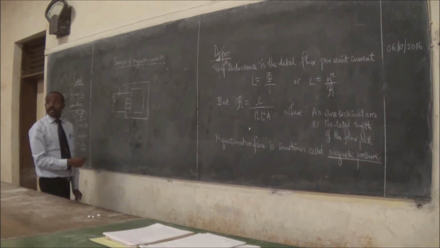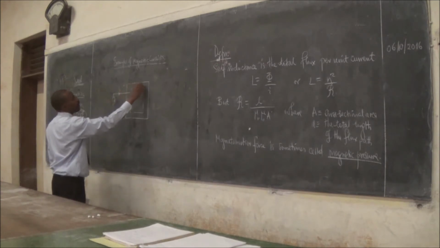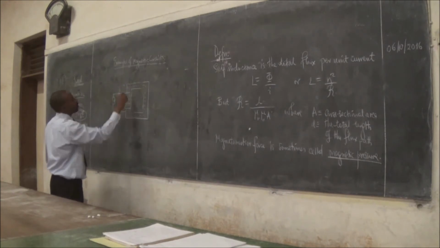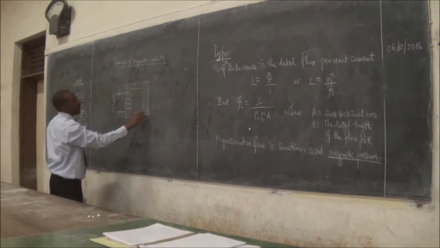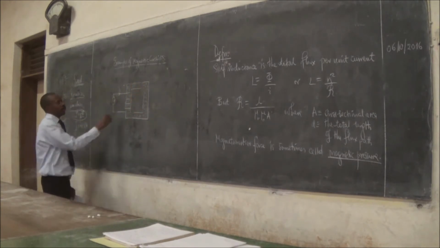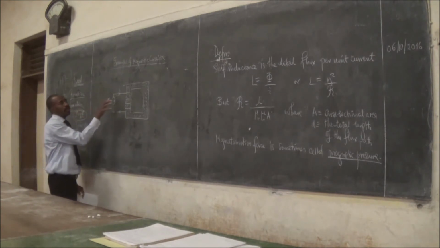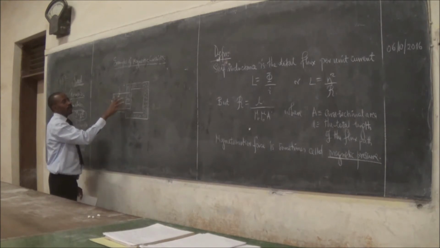Then I will create the magnetic field lines. These dotted lines are the magnetic field lines which have been created. In order to know the direction of these field lines, I just need to grab the coil and curve my fingers in the direction of the current.